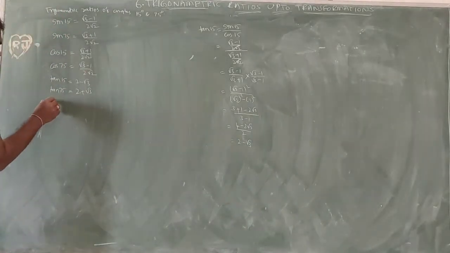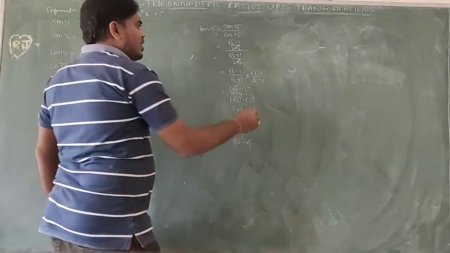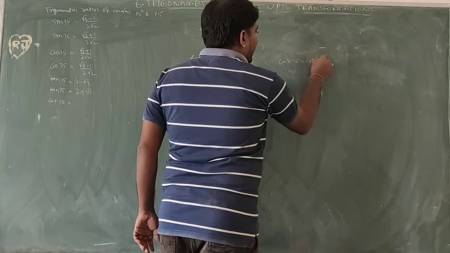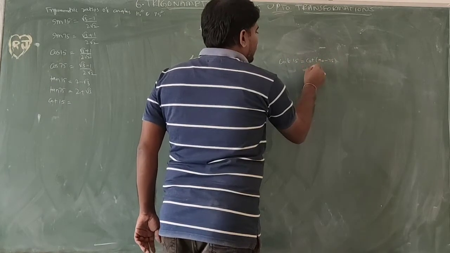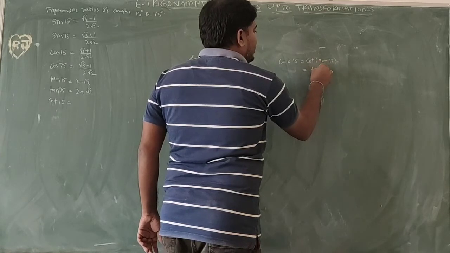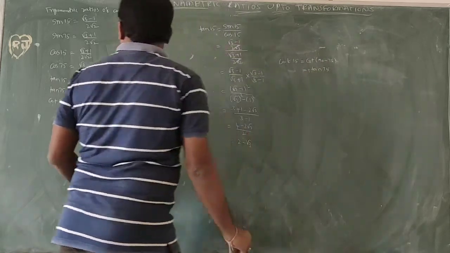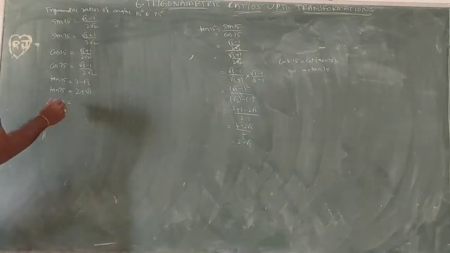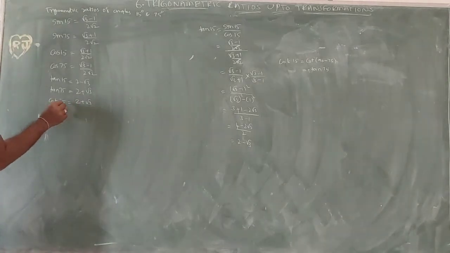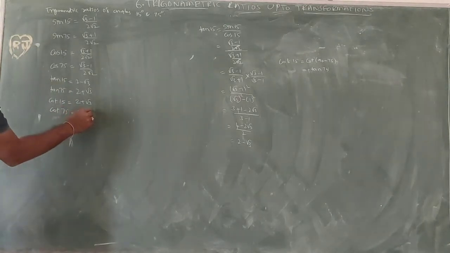So similarly, cot 15 equal to tan of 90 minus 75. Since it is 90, we change cot to tan, and in the first quadrant tan 75 equals 2 plus root 3. So cot 15 is also 2 plus root 3. Next, cot 75 equals tan 15, which is 2 minus root 3.